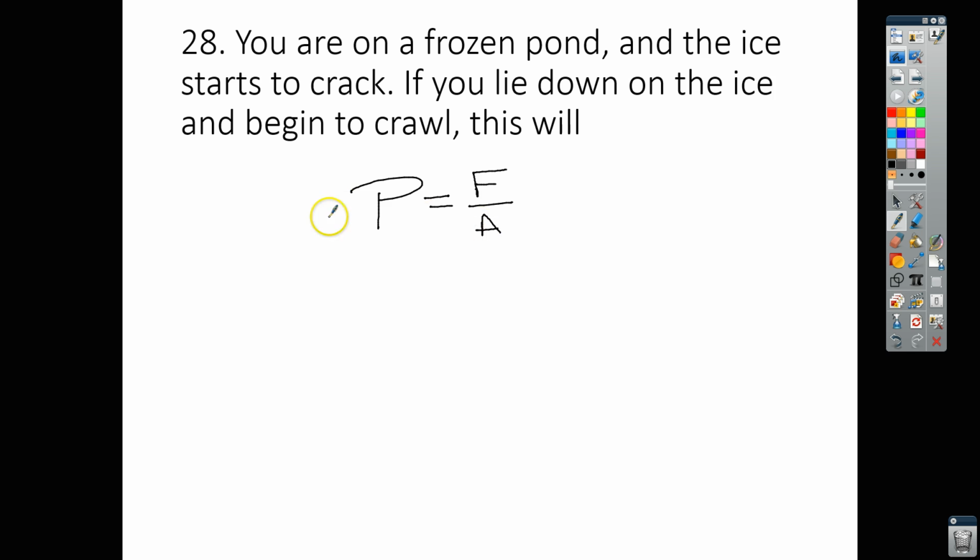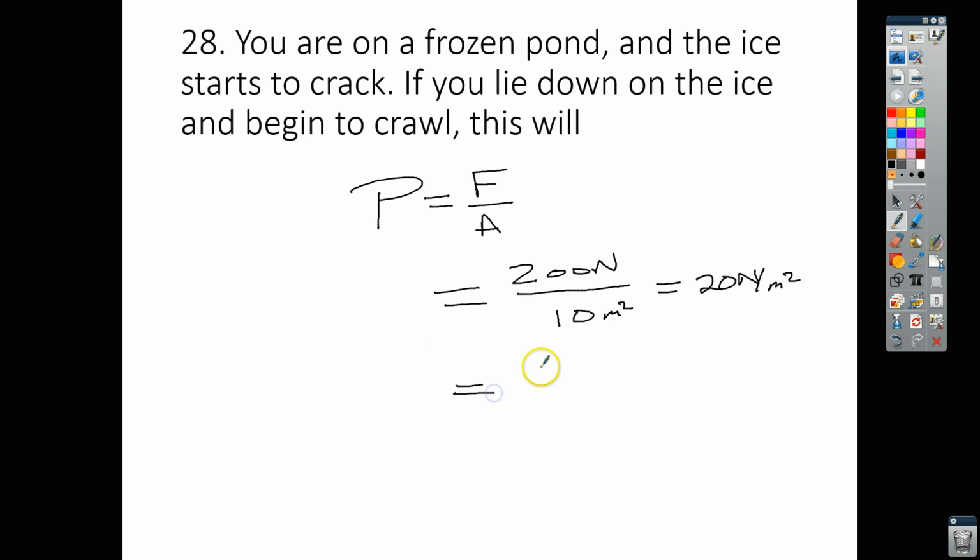If I have a force, let's say that I am 200 newtons, and the area that I am on is, let's just say, 10 meters squared, then I know that the pressure here is going to be 20 newtons per meter squared, or 20 pascals.